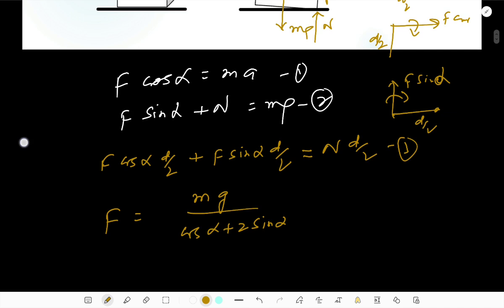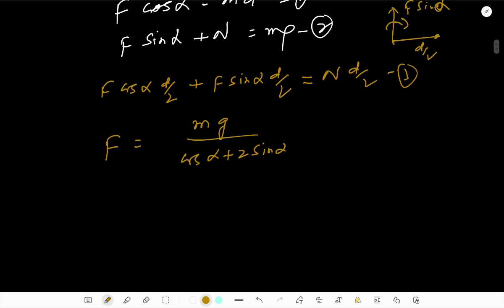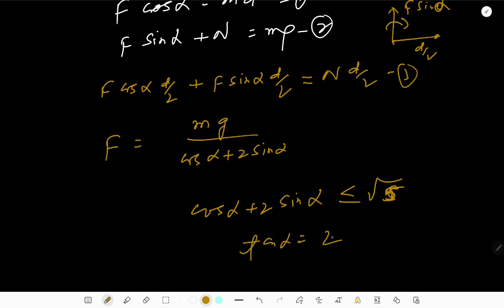And I don't need any of this, because I know this cos alpha plus 2 sin alpha will be less than or equal to root 5. And the corresponding value of alpha, in terms of tan alpha, will be equal to 2.